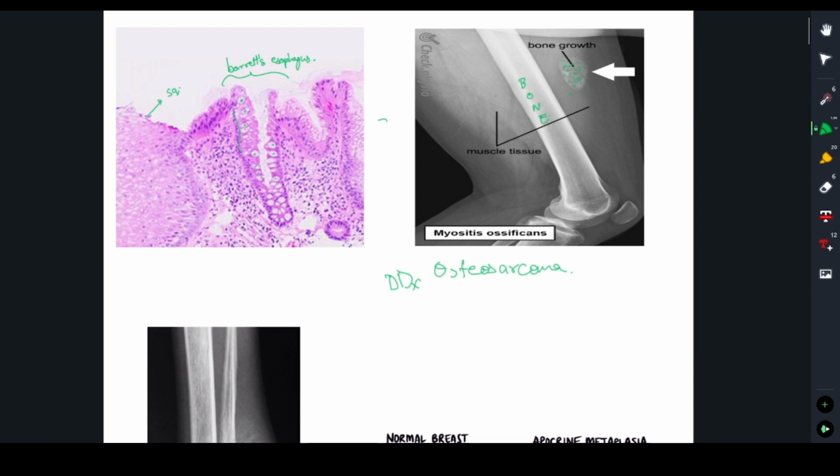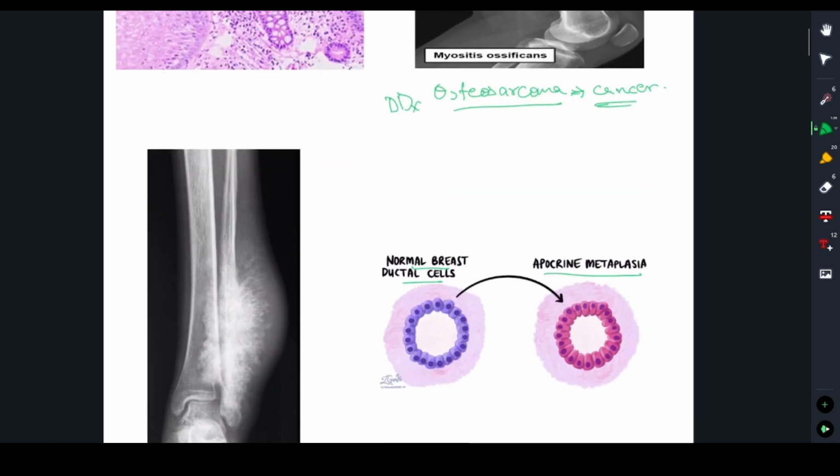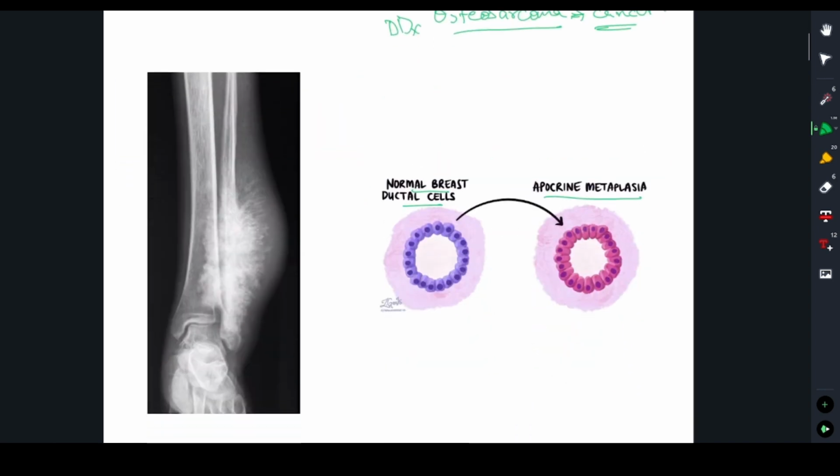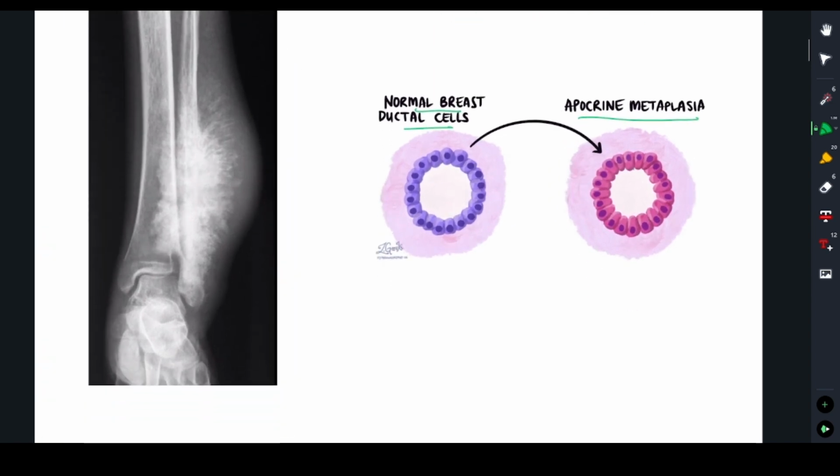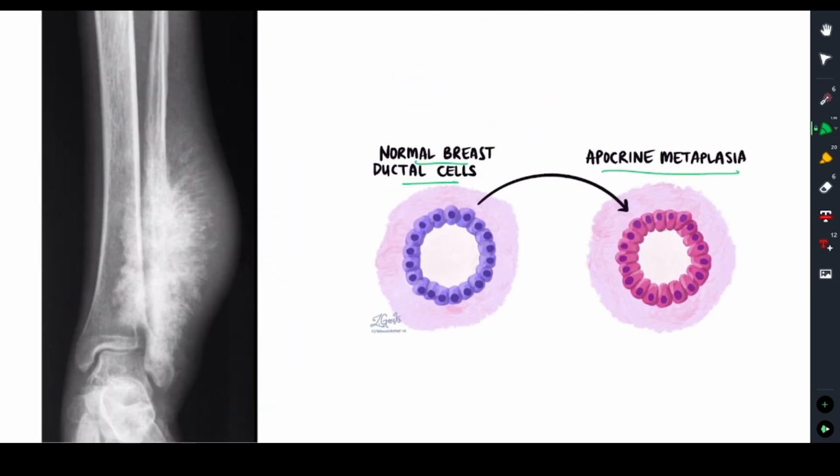The bone surface is quite regular. But in case of osteosarcoma, which is a type of cancer, the bone is involved directly. Hence, this cancer arises from the bone, right? This is the X-ray for osteosarcoma. So what you can see here is that the bone surface has been involved and a classic sunburst appearance is there.